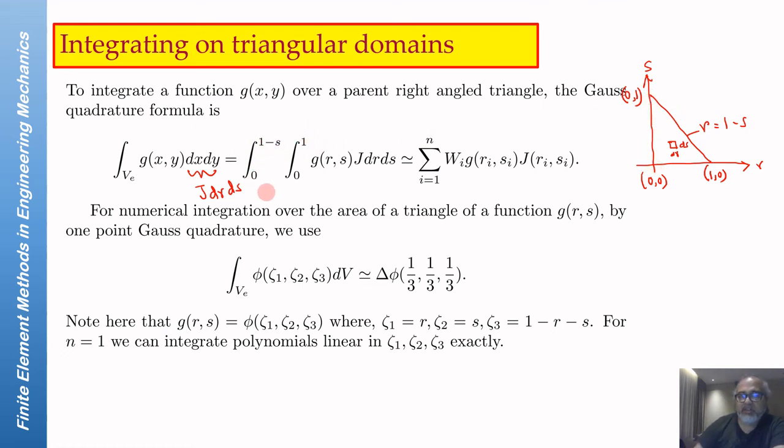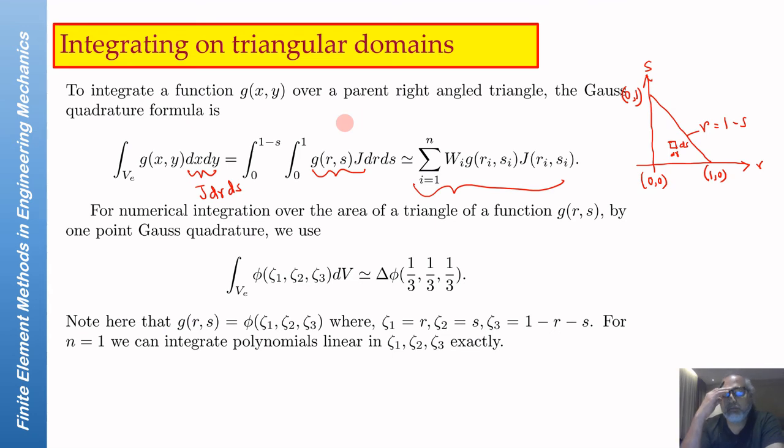So this is what the new domain becomes in the parent coordinate system. And this is not minus 1 to 1 as in case of the rectangle. This can still be converted into a weighted sum. So this whole thing g(r,s) times J evaluated at the sampling points weighted by wi summed together will give you this integral.